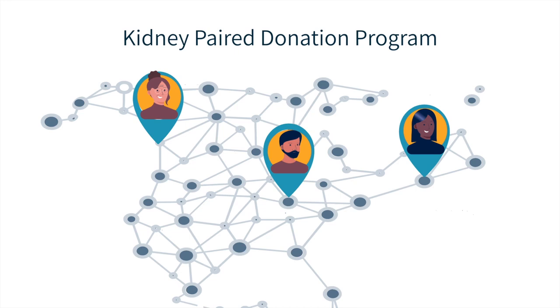Essentially, the KPD program matches incompatible living kidney donor and recipient pairs to other incompatible pairs. So, a living kidney donor of an incompatible pair can donate to another recipient in Canada with whom they are compatible, while their original recipient receives a kidney from a different living kidney donor in the program that is compatible with them.